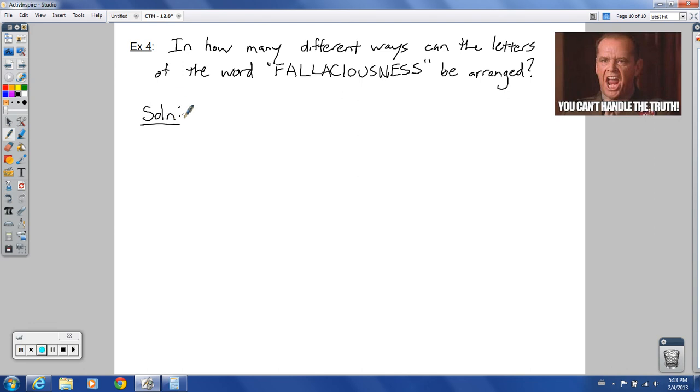Okay, here's the solution. So, besides not being able to handle the truth, can we handle this math problem? Let's see. Of the 14 letters. There are 14 letters here if you count them: 1, 2, 3, 4, 5, 6, 7, 8, 9, 10, 11, 12, 13, 14.